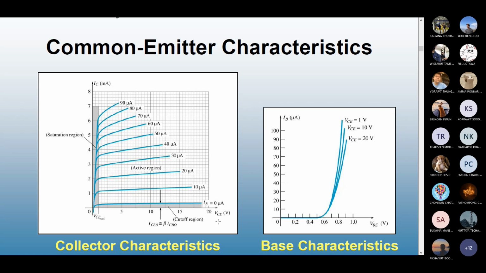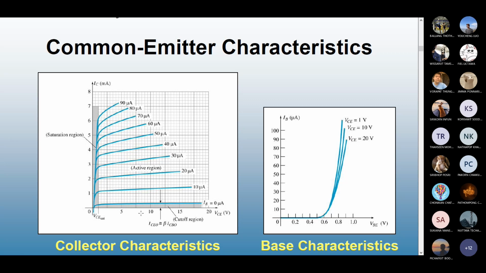So at one extreme you have a VCE value, let's say this is 12, and the other extreme you will have a current value, let's say 4. If you join the point between 4 milliamp and 12 volt, see where it intersects, maybe around here. From this point, if you project a line on the IC axis, you will get the operating current ICQ at Q point. And if you drop a line straight down on the VCE, you'll get VCEQ.